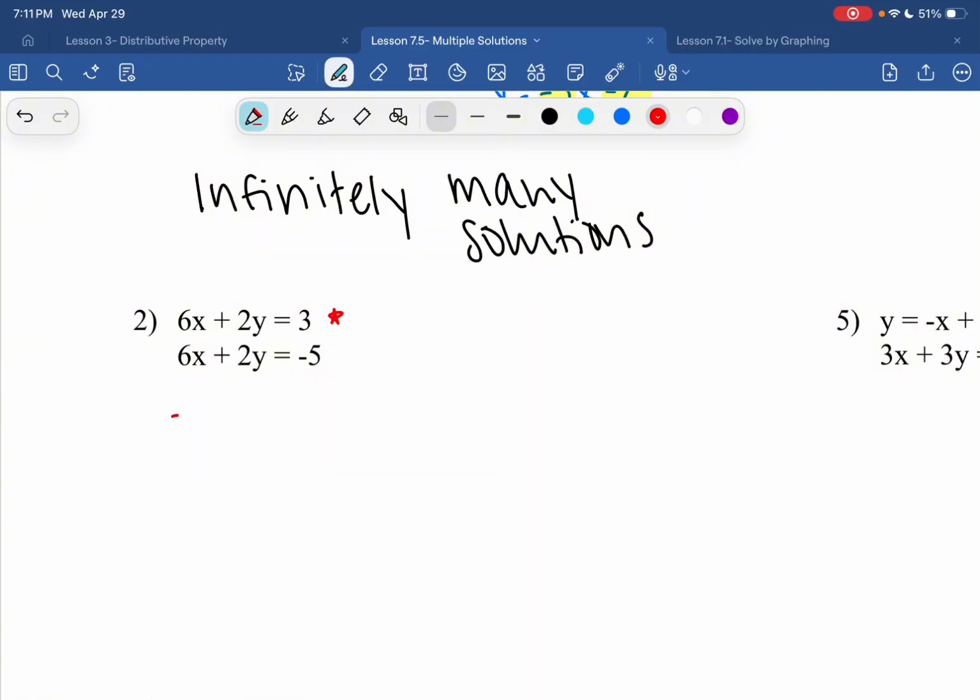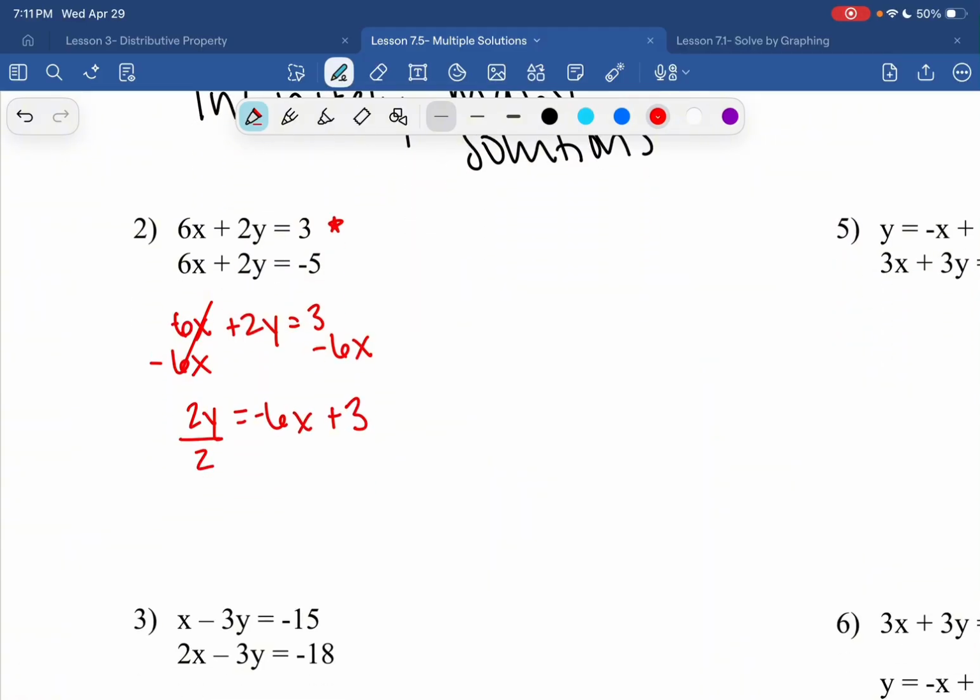So I have 6x plus 2y equals 3. I'm going to subtract 6x from both sides to keep my equation balanced. I now have 2y equals -6x plus 3. And I'm going to divide by 2 in all terms, which now gives me y equals -3x plus 3 over 2.